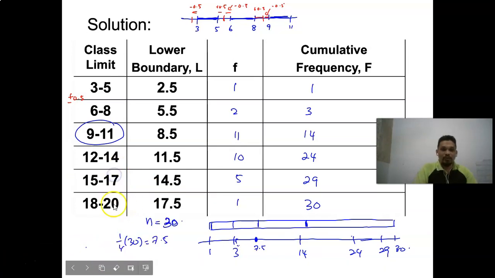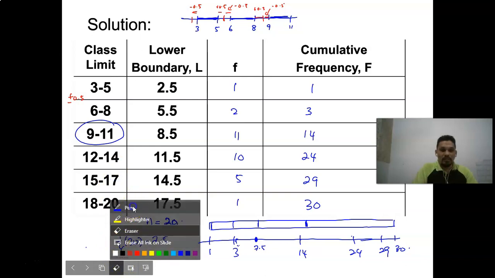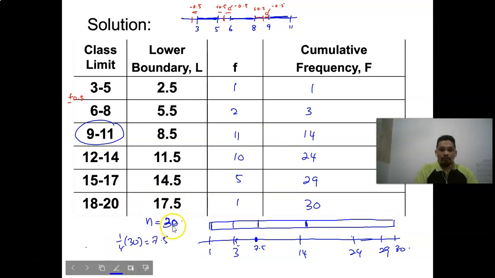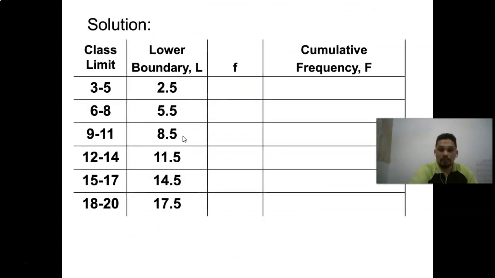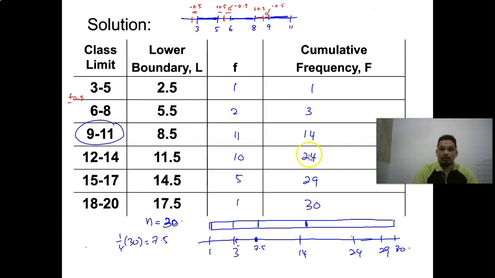It's not between 15 and 17. 22.5 lies before the cumulative frequency of 24. So if I accumulate until 24, then here is 22.5. So we are talking about this class of 12 to 14.